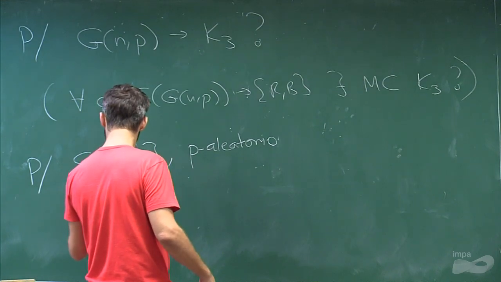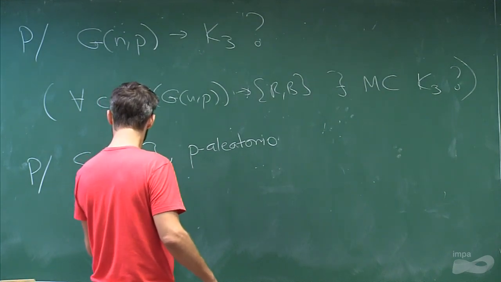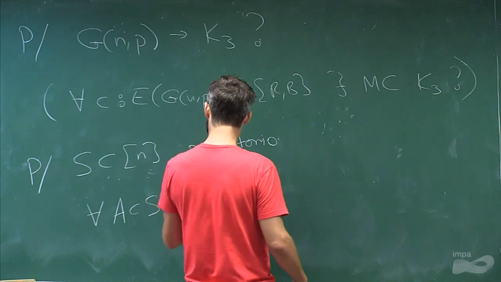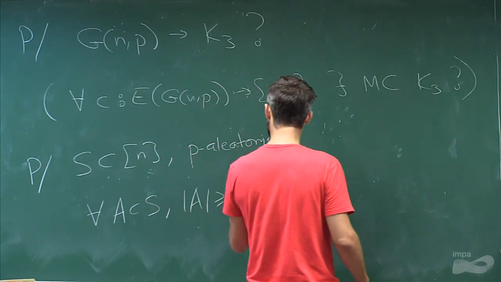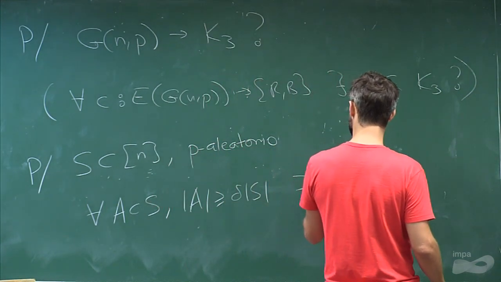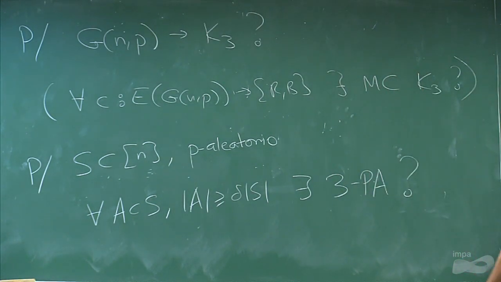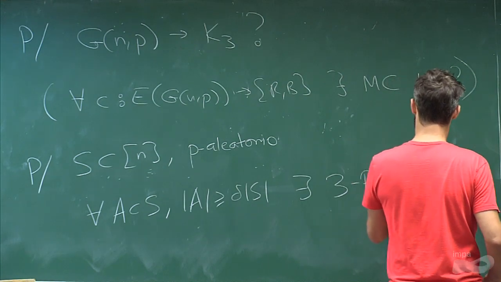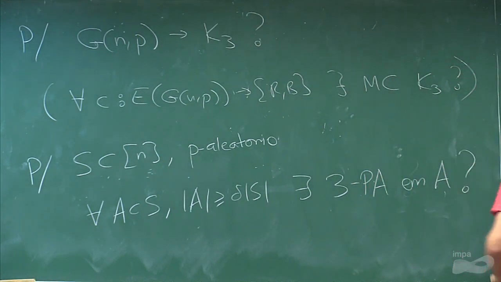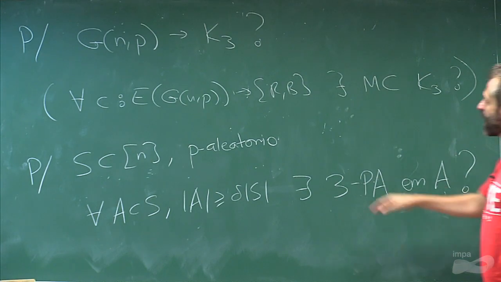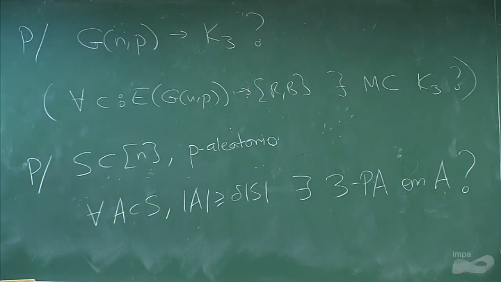Is it true that for all A subset of S, with size of A at least delta times the size of S, there exists a 3-term AP in A? All these things should be with high probability, and these are counting results.